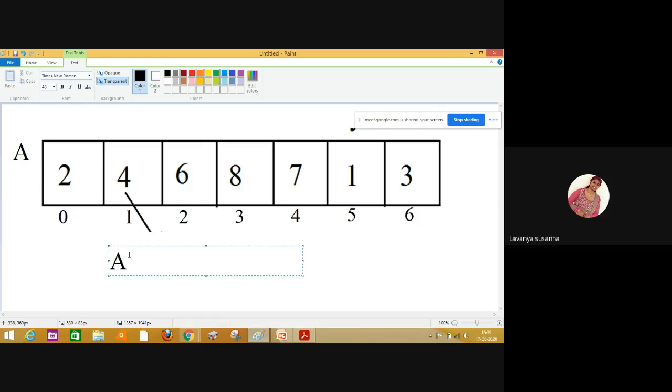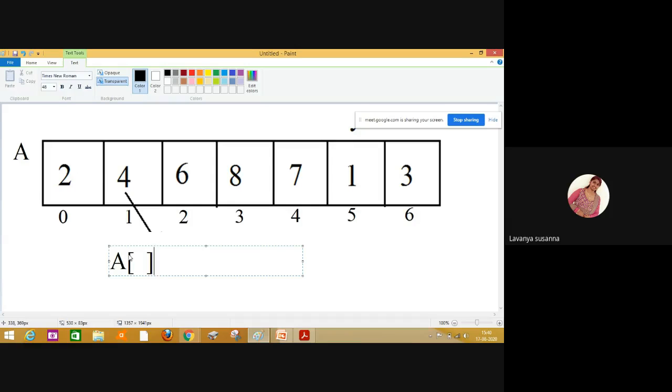Subscript operator means open square bracket and close square bracket together, called the subscript operator.